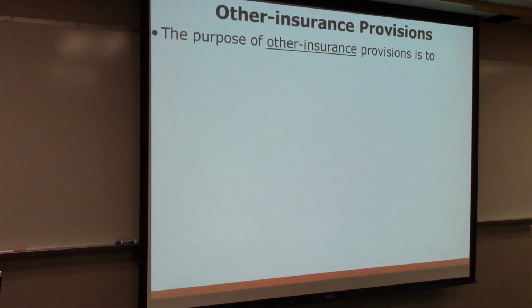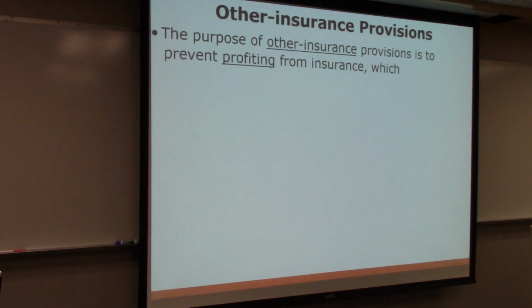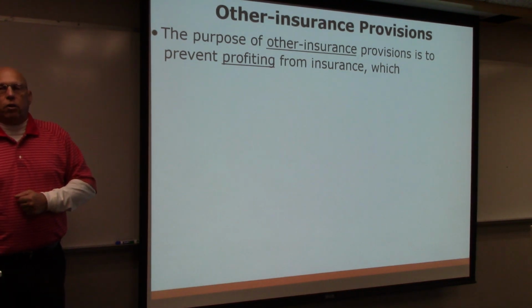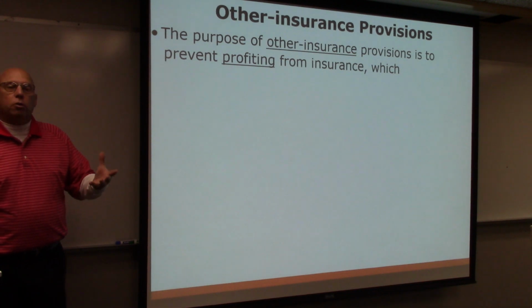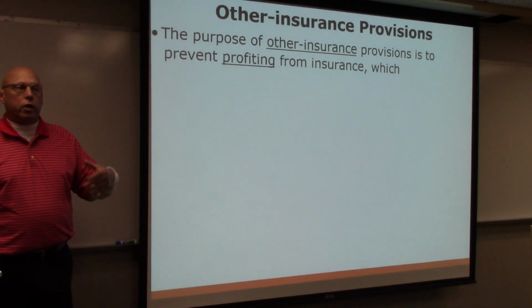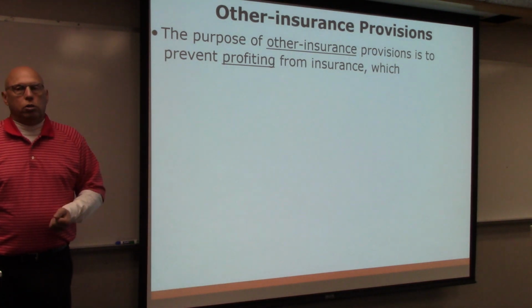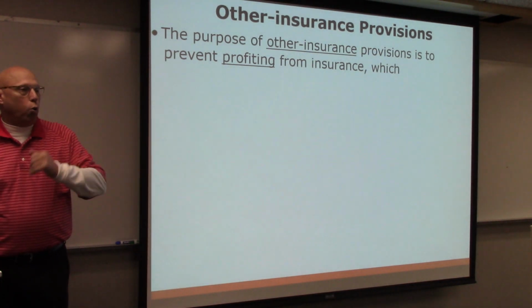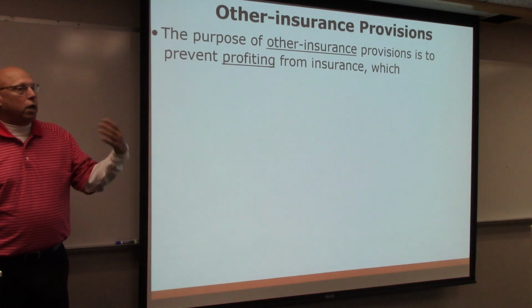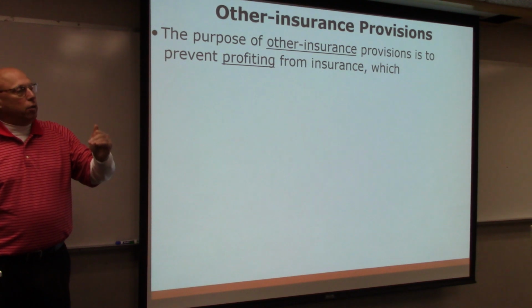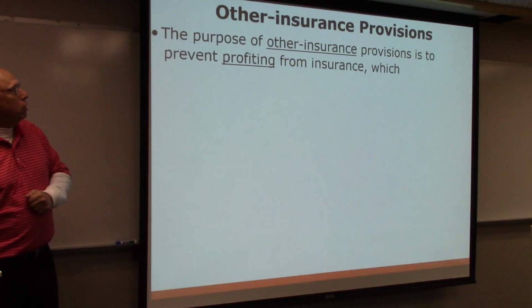All right. Other insurance provisions, okay, means that if you have other contracts, you're not going to make a profit on a loss. That's another dimension or definition or characteristic of insurance. It's not to make you rich. It is to make you whole, to help you recover what you lost, but not enrich you or give you more than what you lost.